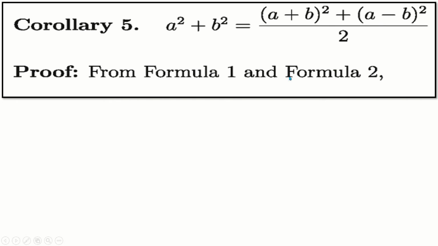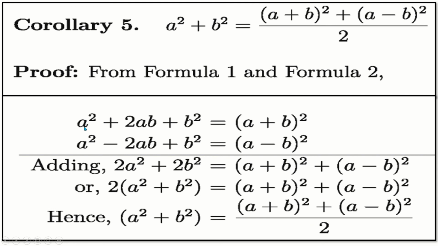Clear? That means a square plus b square has a total of 4 corollaries. Now follow the proof. Formulas 1 and 2: a square plus 2ab plus b square equals (a plus b) whole square, and a square minus 2ab plus b square equals (a minus b) whole square. Now adding these, here will be 2a square plus 2b square equals (a plus b) whole square plus (a minus b) whole square. After taking common 2, here will be 2 into (a square plus b square) and the right side will be the same.